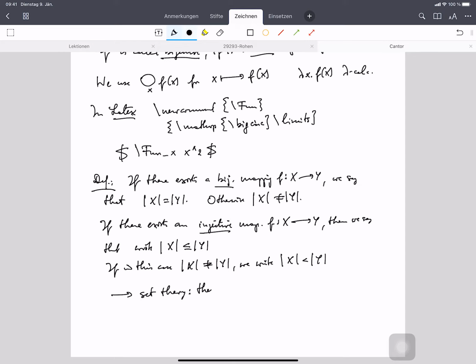These concepts and notations behave well.